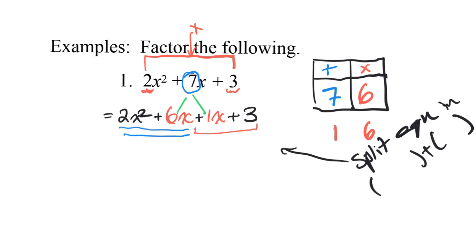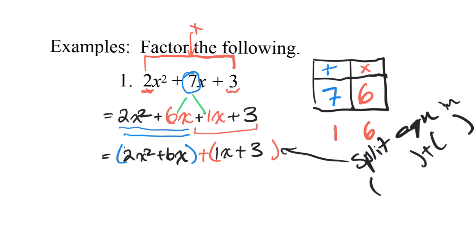And we end up with the following: 2x squared plus 6x is going to be in the blue bracket, which is the front half of our equation, plus the last half. The last half is just going to be 1x plus 3.